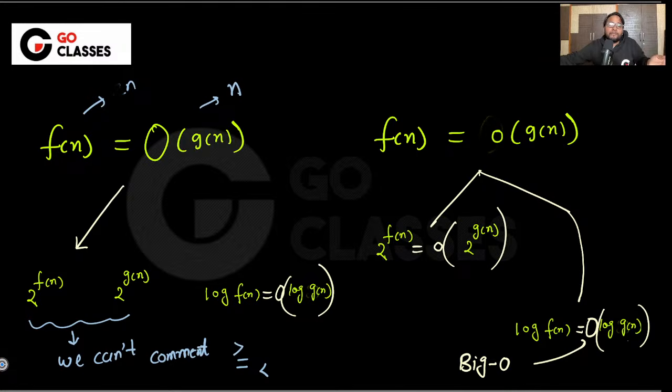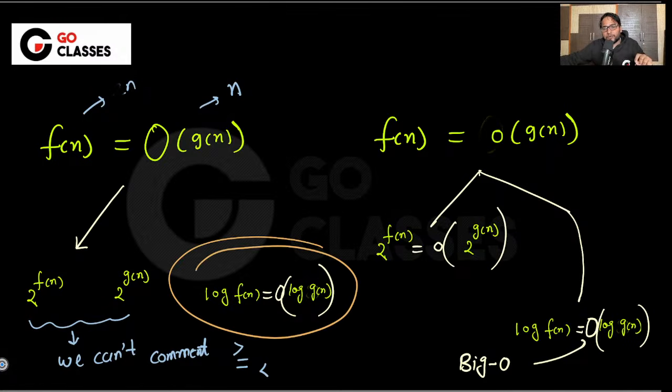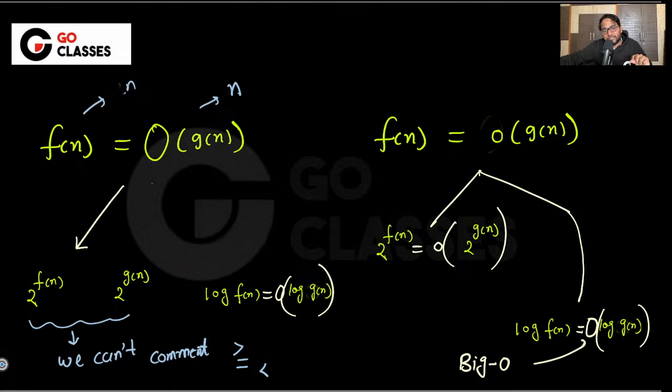So that's why big O only. Here after the log, if this is lesser than or equal to, then since log can't reverse the role, this is also lesser than or equal to. But in the exponent you don't know, because the constant can play some role.